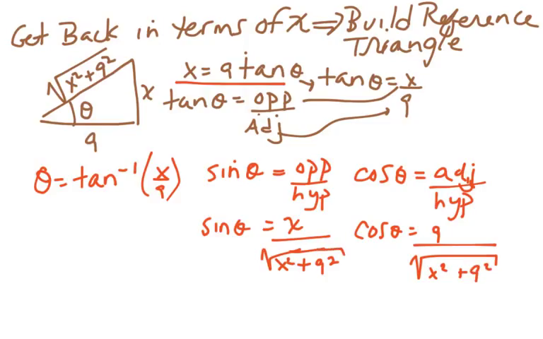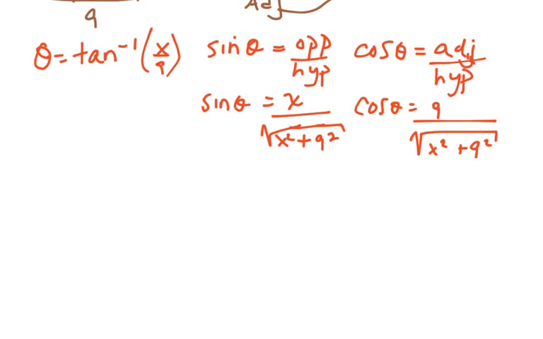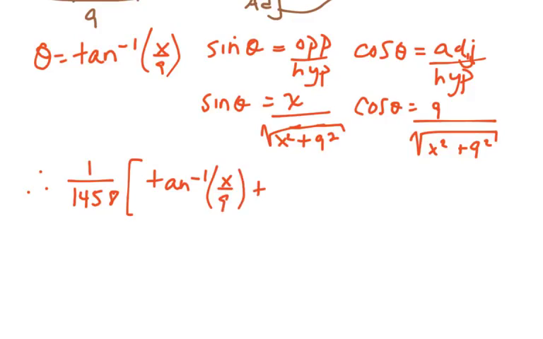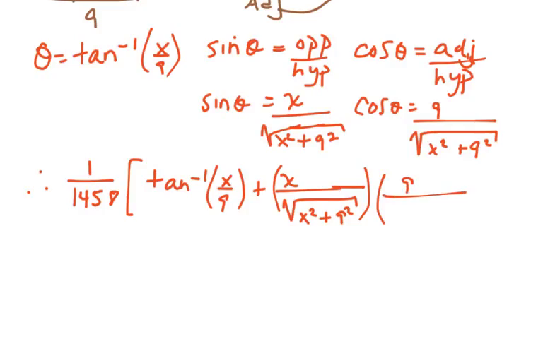So let's rewrite this now. Back substitute for x, and I get, can't forget the constant, 1 over 1458 times the quantity theta, which is simply tangent inverse x over 9, plus sine of theta, which is x over the root of x squared plus 9 squared, I'm going to write this out in parentheses and see if we can do some algebra to clean this up a little bit, and cosine is 9 over the root of x squared plus 9 squared, plus a constant.